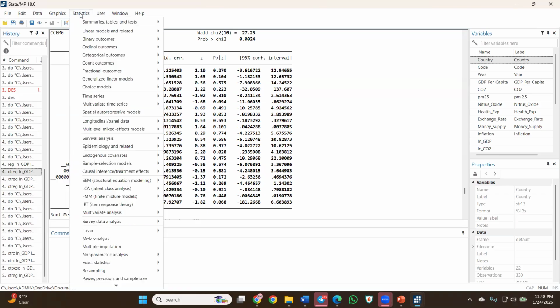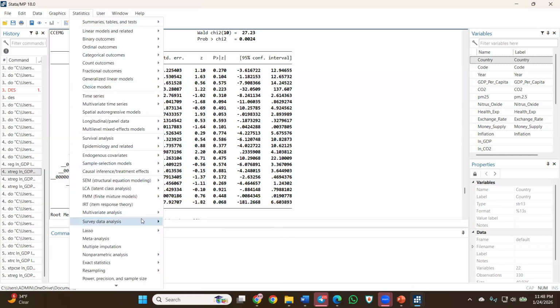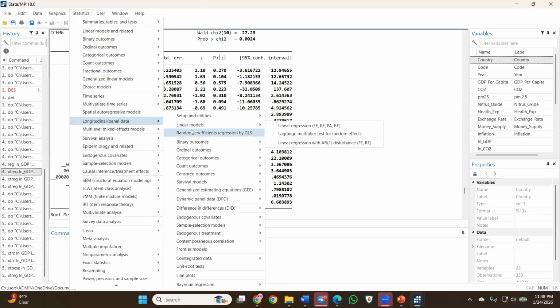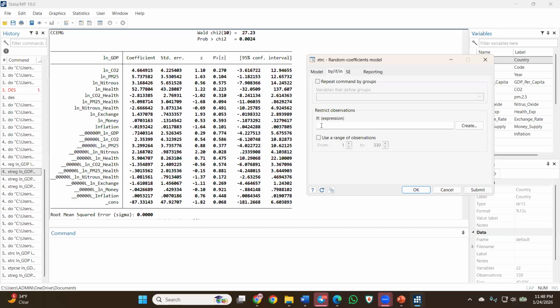So you can see that when I come to statistics, and then I use this one, you see the random coefficient. You see there are a lot of things to tune here. We have the offset variable, suppress constant term. Even when you come here, we have a lot of things to do.